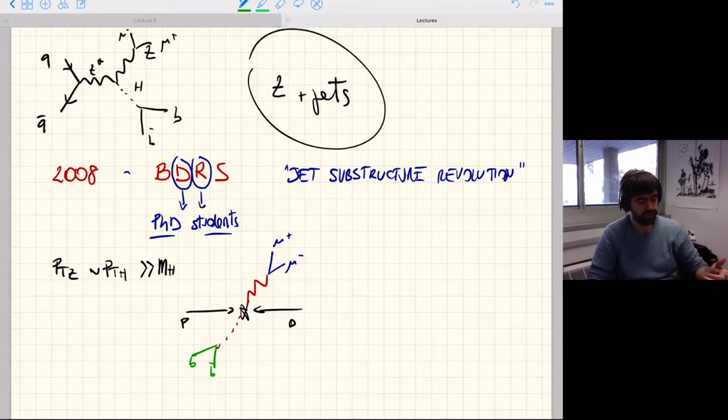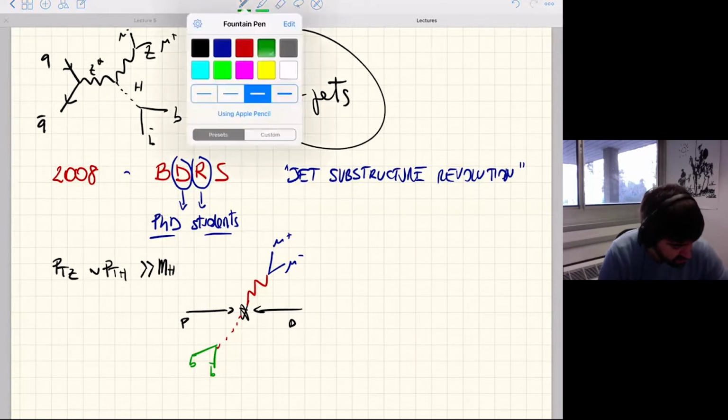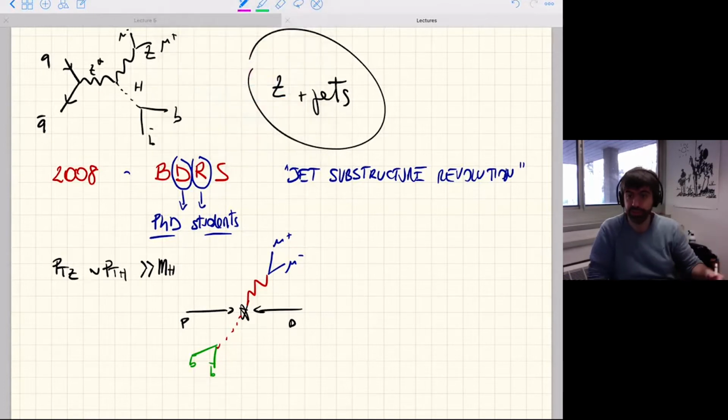And so the reason for going to this very high boost is that the decay products of the Z on one side, and more importantly, of the Higgs on the other side, will come closer and closer together. If they are close enough, then any jet algorithm that you run to reconstruct the hadronic decay products will pick up these two as belonging to one jet.